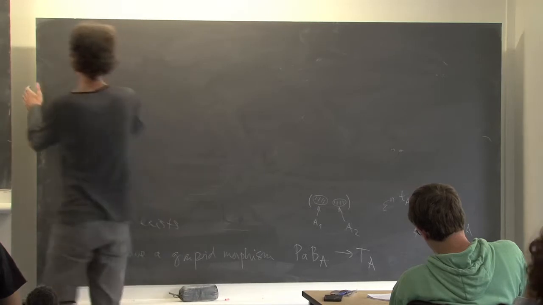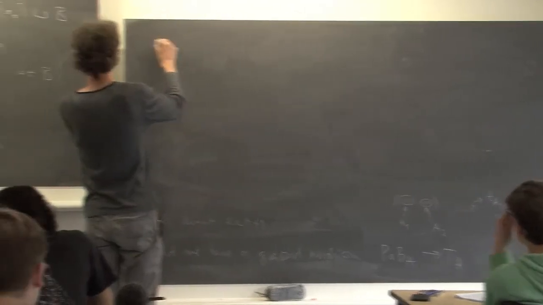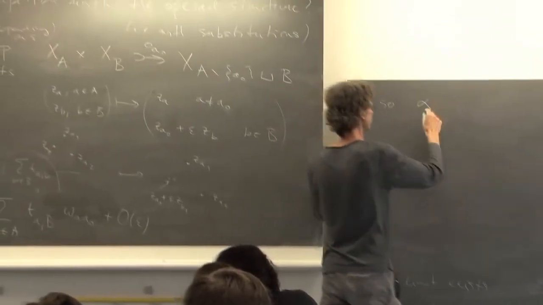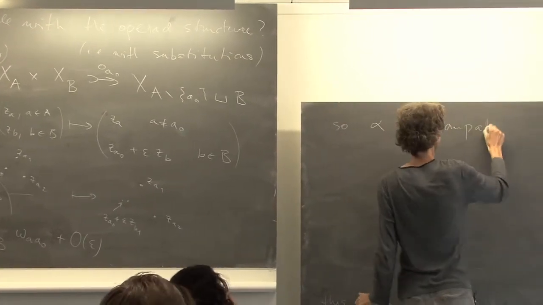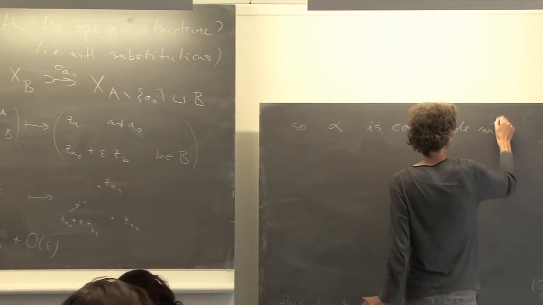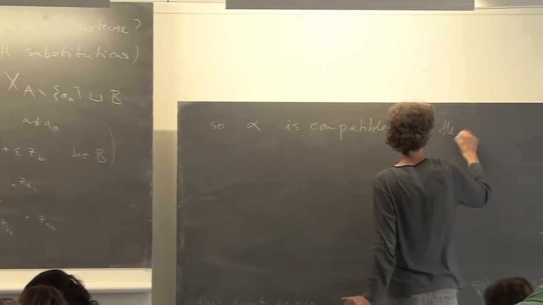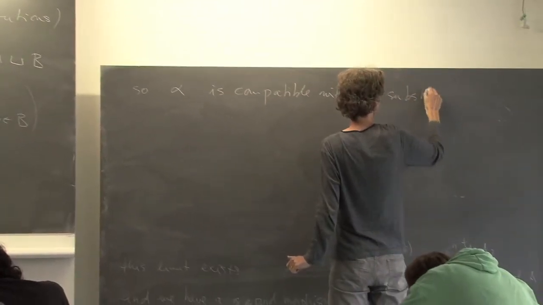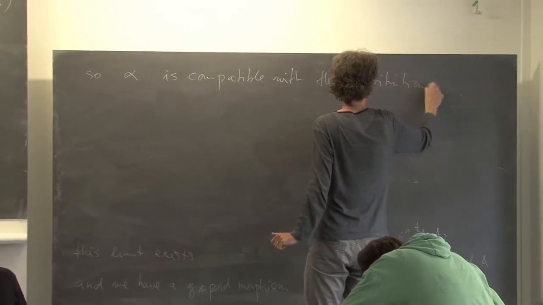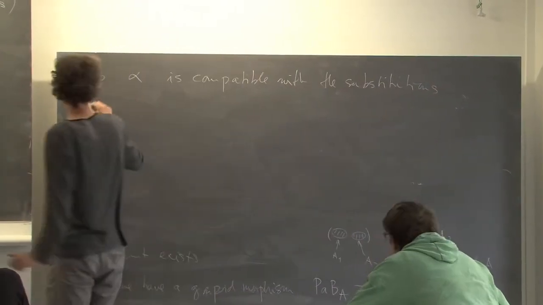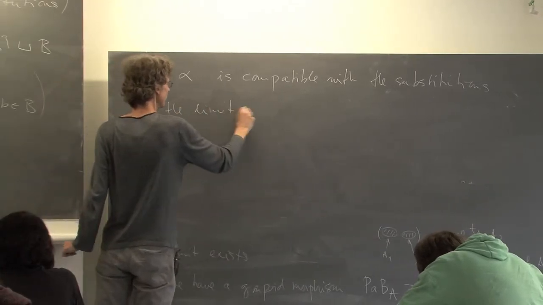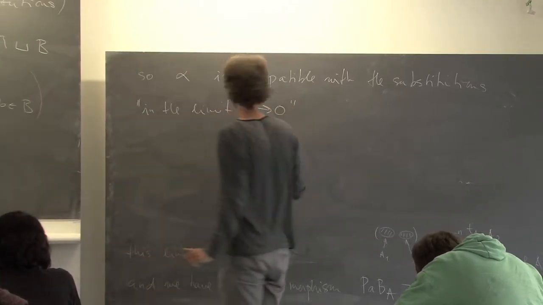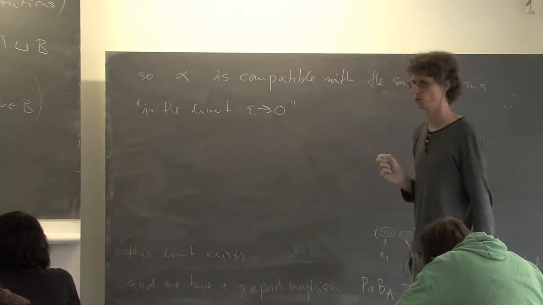So to finish, this alpha thingy is compatible with the substitution, say, in the limit epsilon goes to 0.